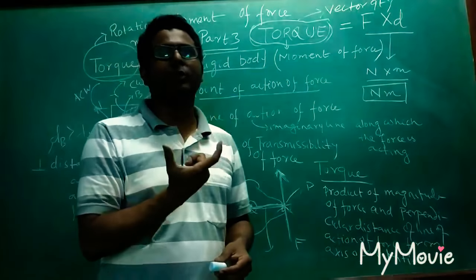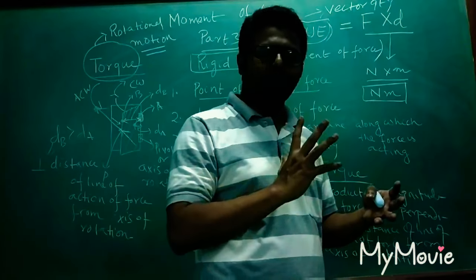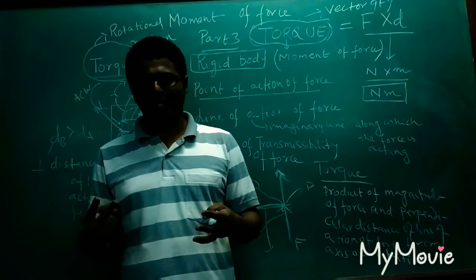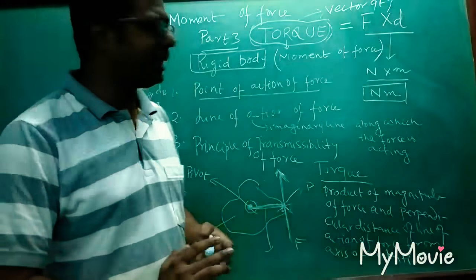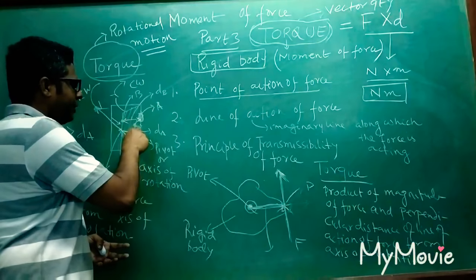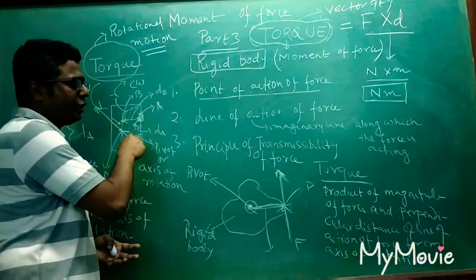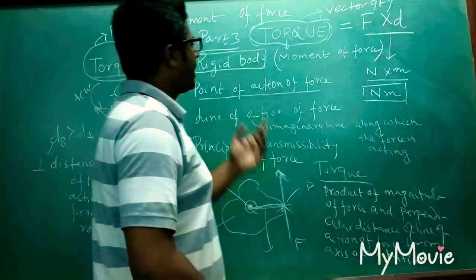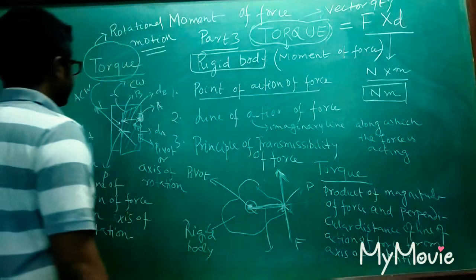Okay, I need a specific moment of force. Now I can apply this moment of force in two ways. Number one is by producing a lot of force from my body and pushing it from a position which is close to the pivot or the axis of rotation. So suppose I require 10 Newton meter of torque to push this door.